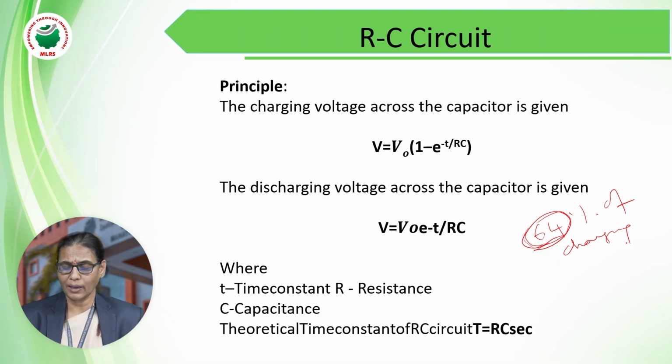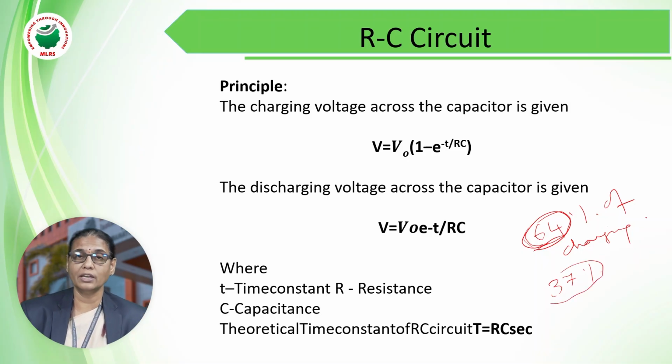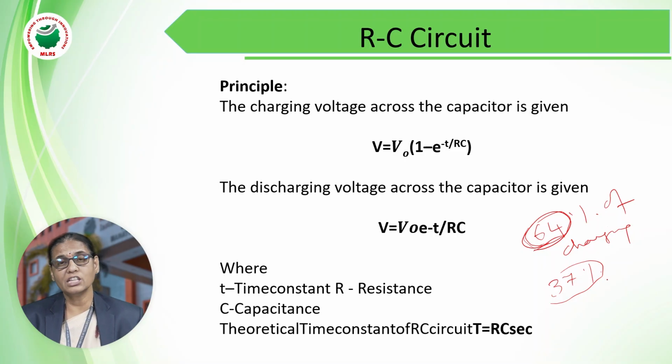So, the time taken by the capacitor to discharge to 37% of its initial value, that we call the discharging time constant. Now, in charging we go from 0 to 100. In a similar fashion, in discharging we go from 100 to 0. So, this is what we call the charging time constant and discharging time constant.